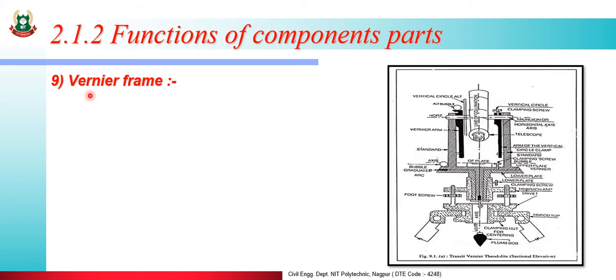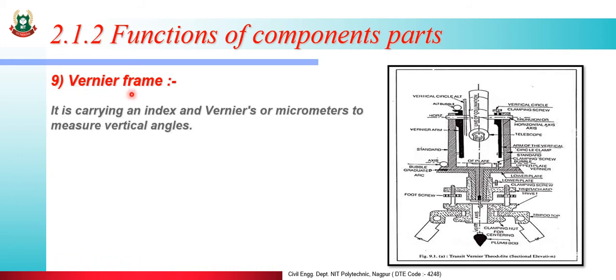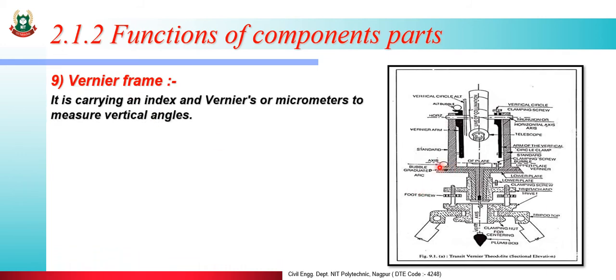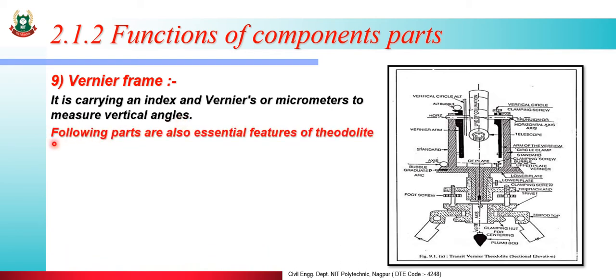Then Vernier frame. This is a Vernier frame. It carries an index and verniers or micrometers to measure the vertical angles. The following parts are also essential features of theodolite.